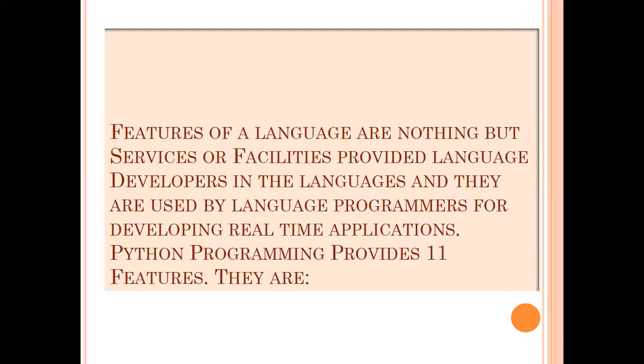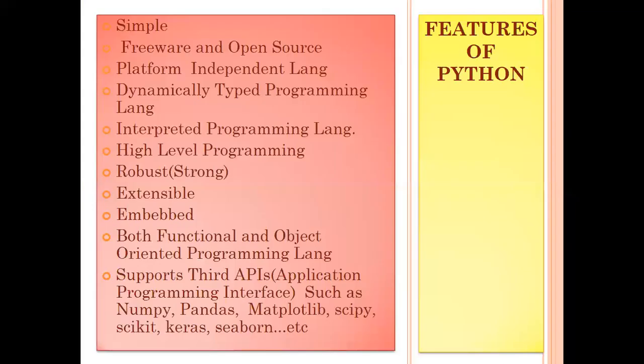So it has the 11 features we discussed: simple, freeware and open source, platform independent language, dynamically typed programming language, interpreted, high-level programming language, robust, extensible and embedded, both functional and object-oriented programming language. It also supports the third-party APIs such as NumPy, Pandas, Matplotlib, SciPy, Scikit, etc.